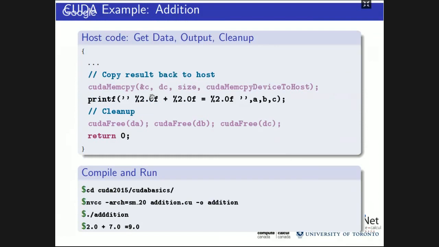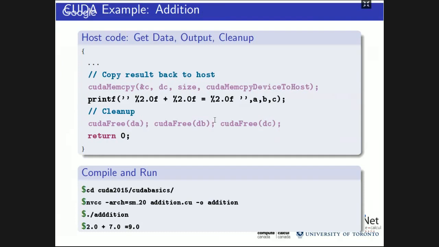After you are done there, you copy the results back to the host. In this case, you copy dC, which was the pointer, into C. You need to specify, again, the size. It's like when you pass messages with MPI, it has to know exactly the size of the message and the type that you're passing. In this case, it is a copy from the device to the host. And then finally, you print.